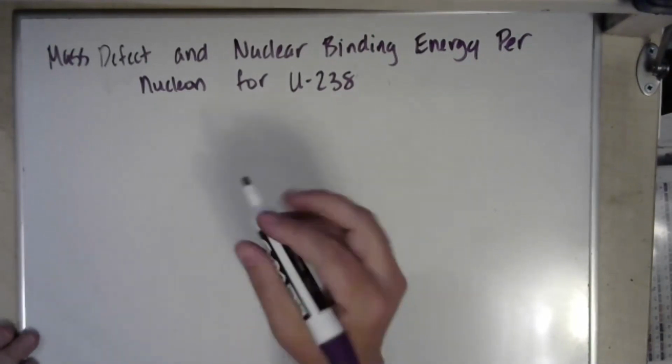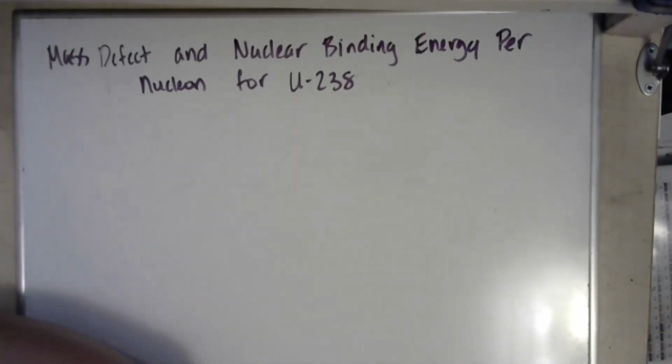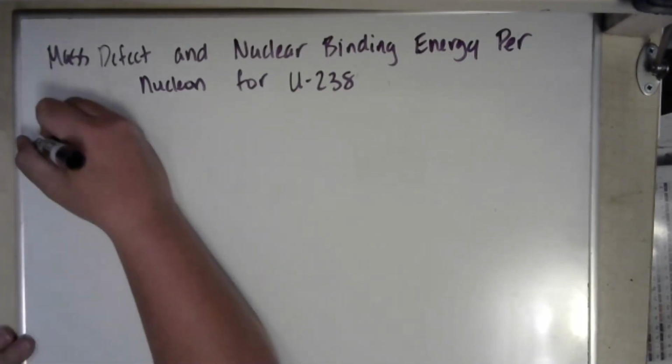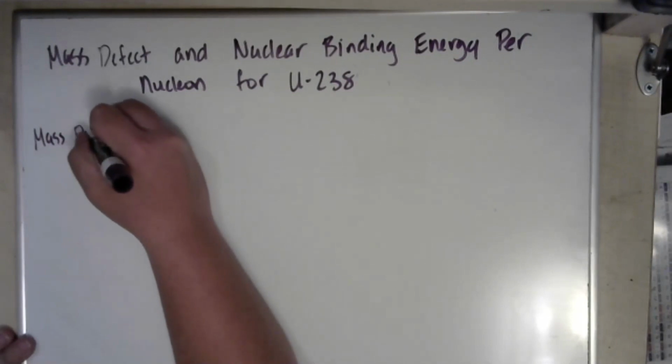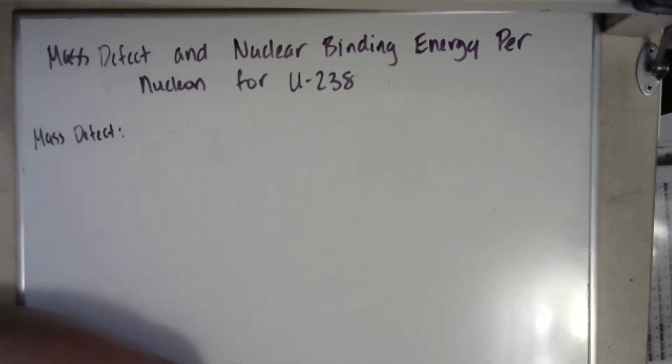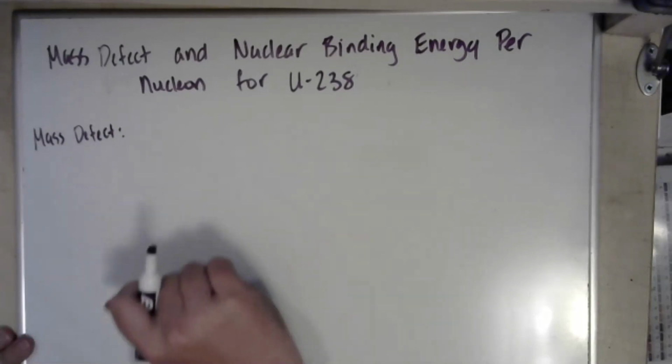All right, so going through the same process again now, but now we have many more nucleons to deal with. So the first step is going to be to calculate that mass defect. They gave us a mass value, I'll write it out for the uranium-238.